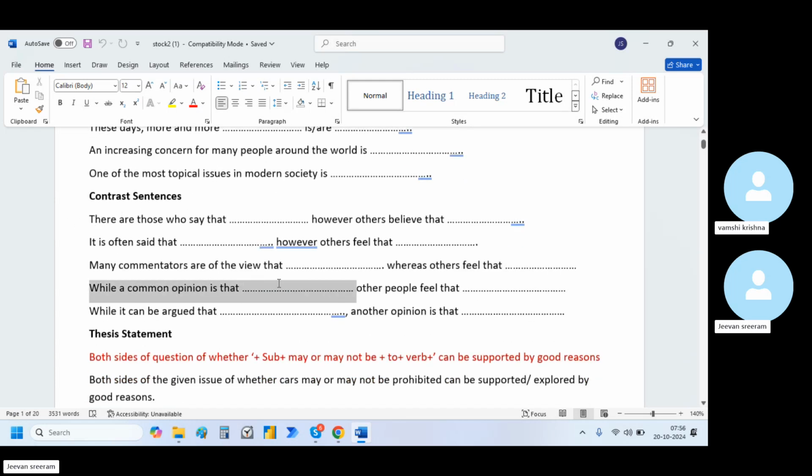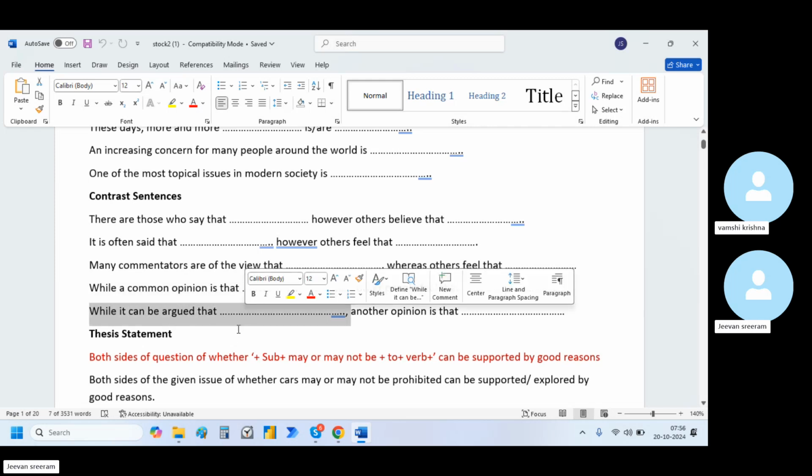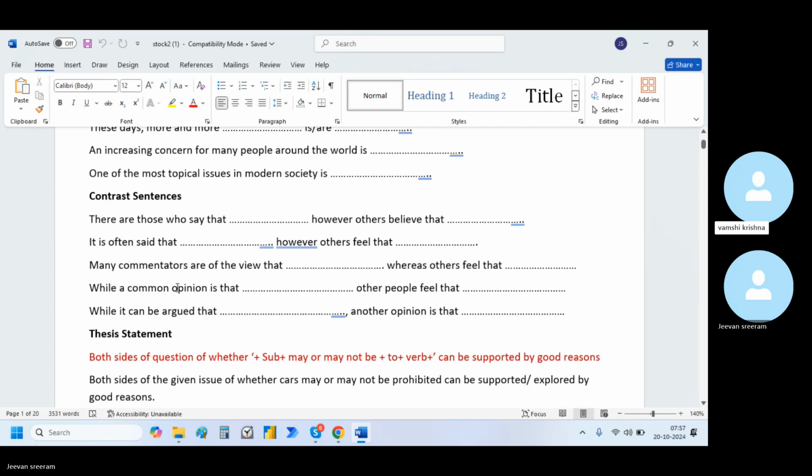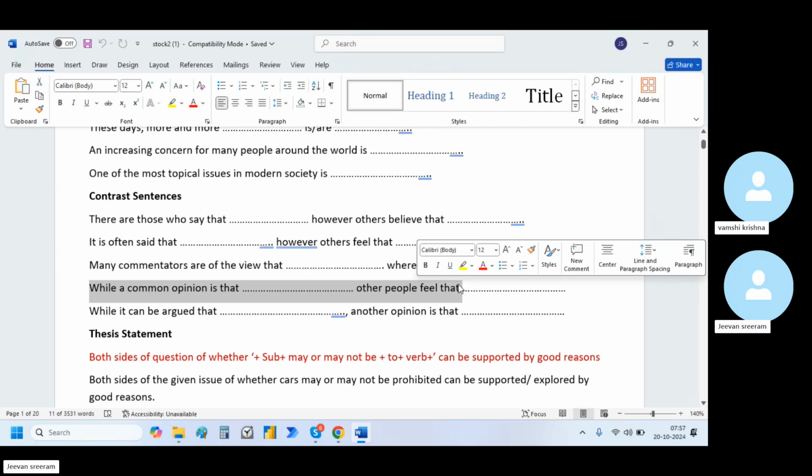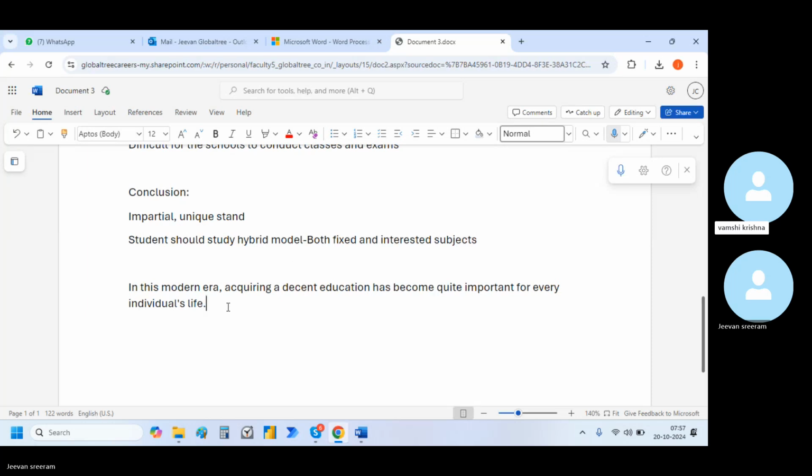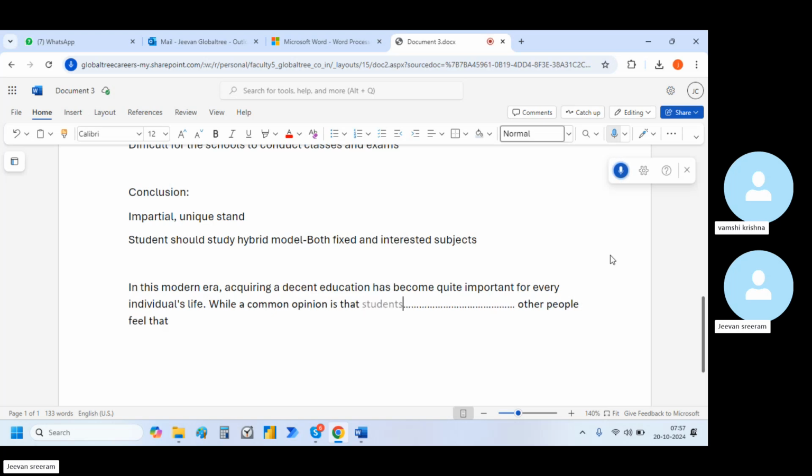Second statement must be contrasting. I always pick "while a common point is that" or "while it can be argued that." Let me take "while a common point is that students must have a chance to elect the subjects they like to study in schools.